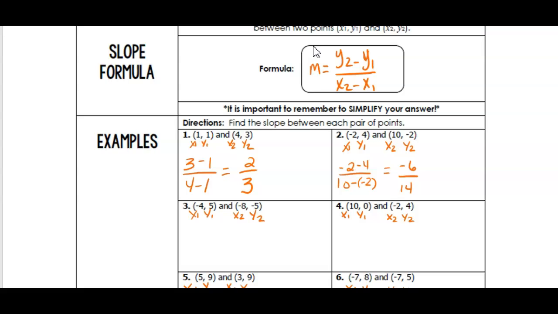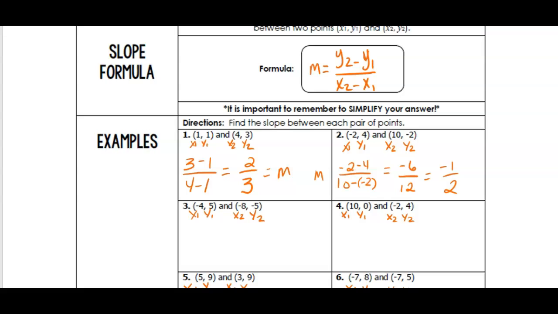Oh, maybe from up there. Fix that real quick. 10 plus 2 is 12. And now they're both even. So I could divide by 2 if I wanted, or I can realize that 6 goes into 12, and I can reduce that to -1/2.